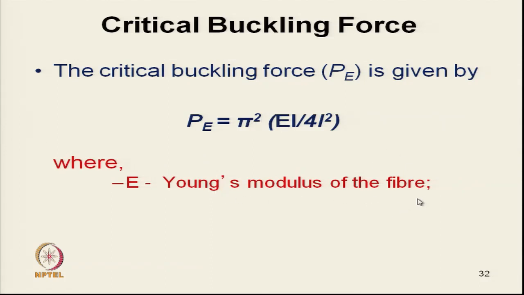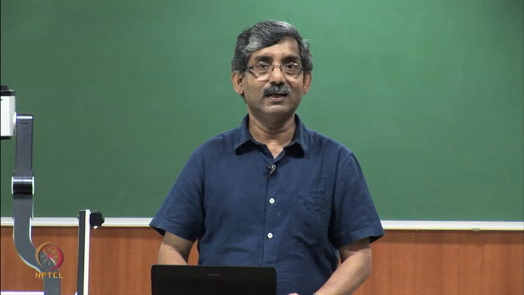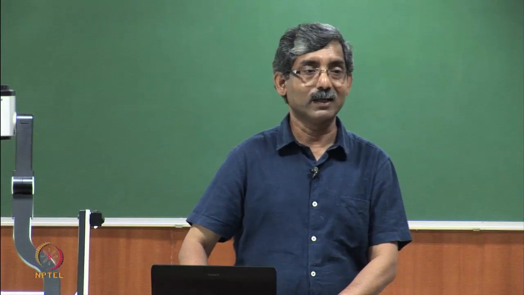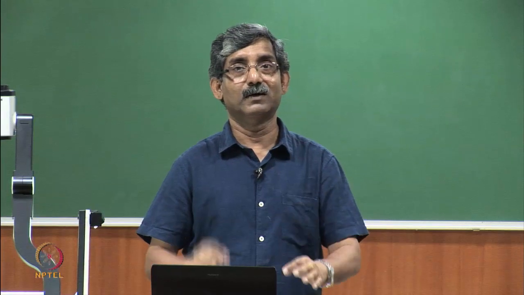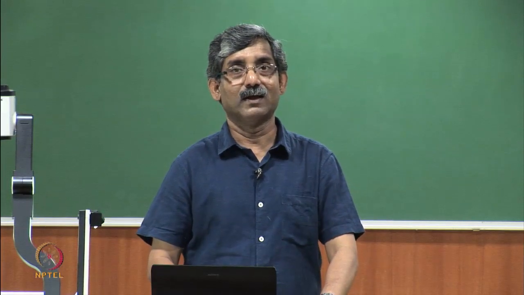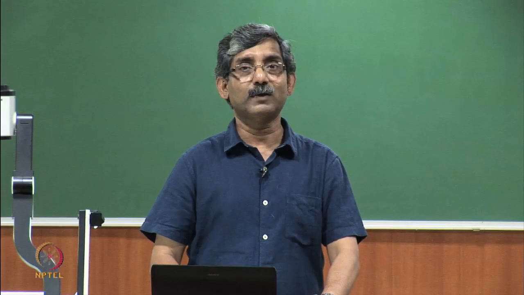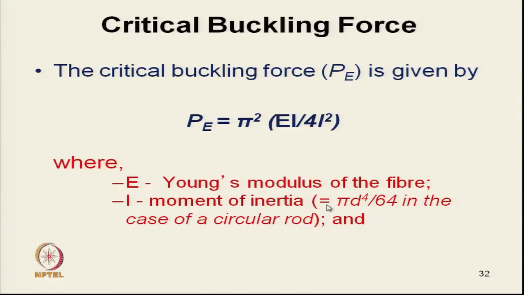If the Young's modulus, the initial modulus of the fiber, is high, then it will create a higher buckling force, which means it will give the prickle sensation. I is the moment of inertia, which is proportional to the fourth power of the diameter.